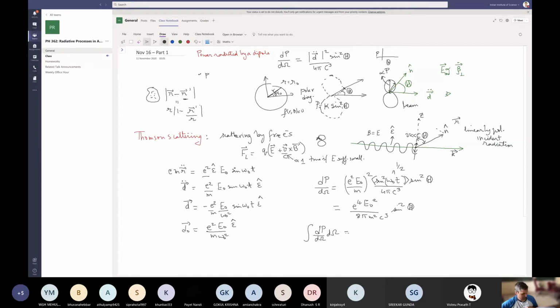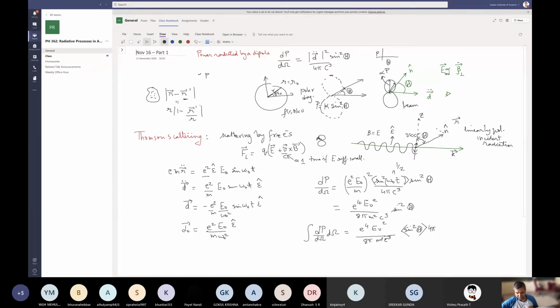So what do you get? You get e to the 4 E naught squared by 8 pi m squared c cubed, and sine squared theta, that's just sine squared theta averaged over all solid angles times the total solid angle, which is 4 pi.